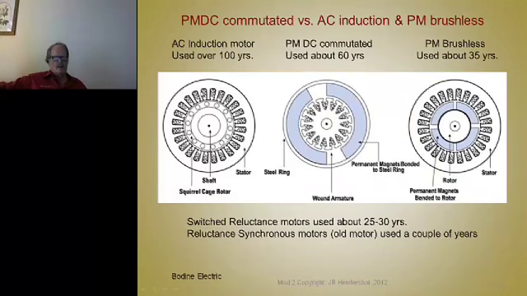So there's our stator with the windings in the stator, 3 phases, and there's our rotor with the bars that form that shorted turn. And if this is a 2-pole motor, then for half of these bars the current's coming out of the screen, and for the other half the current's going into the screen. So it's just one shorted turn with a bunch of conductors as a parallel path.